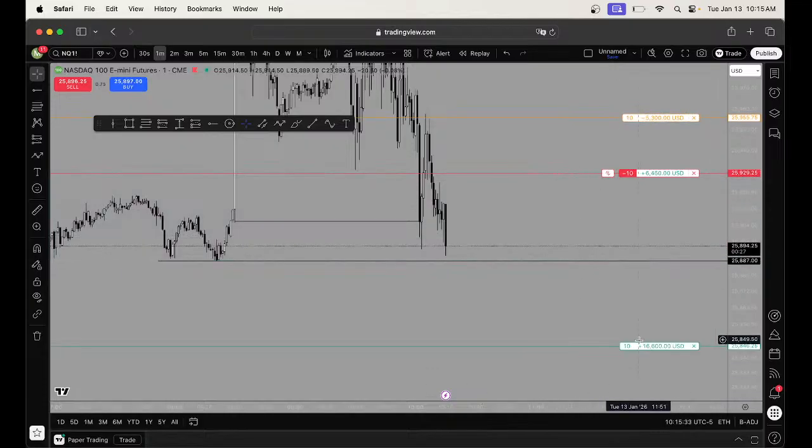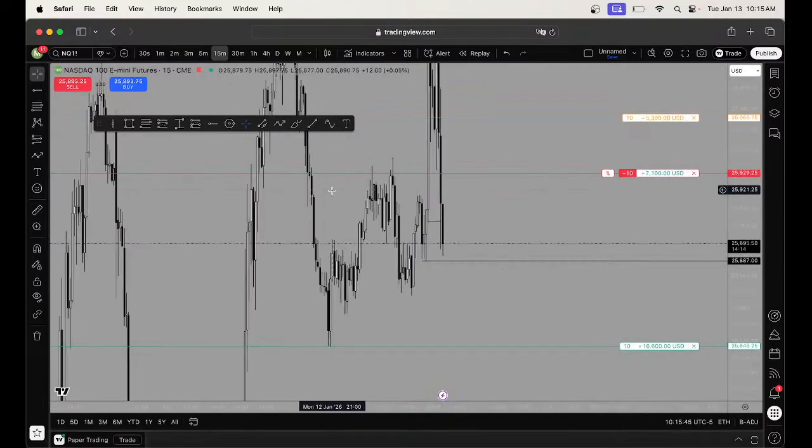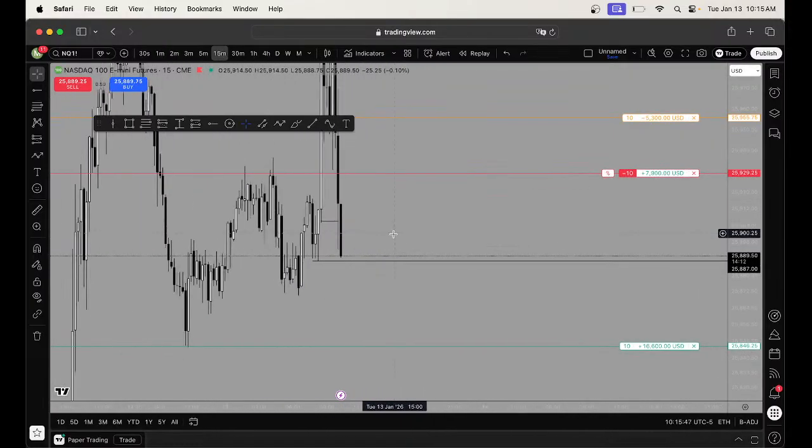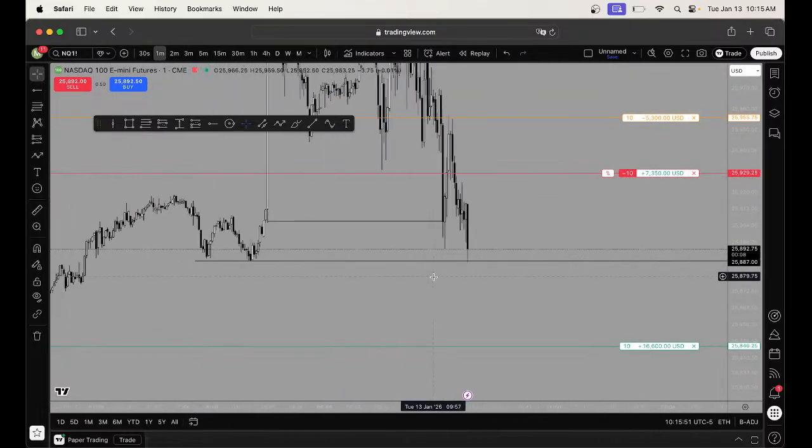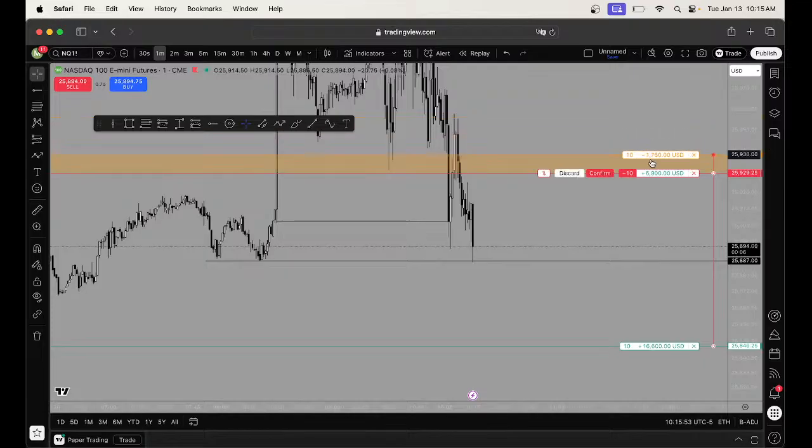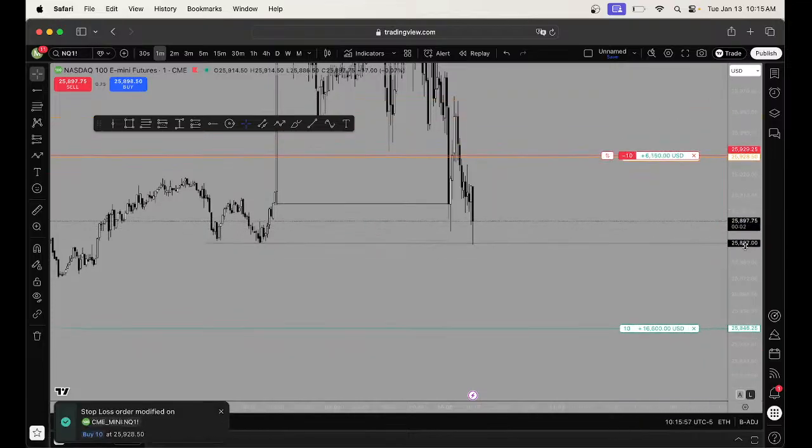We'll hold. I'll hold. I kind of did take out those lows, so I'm gonna break even.